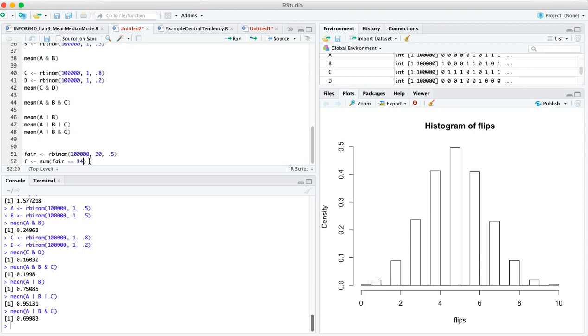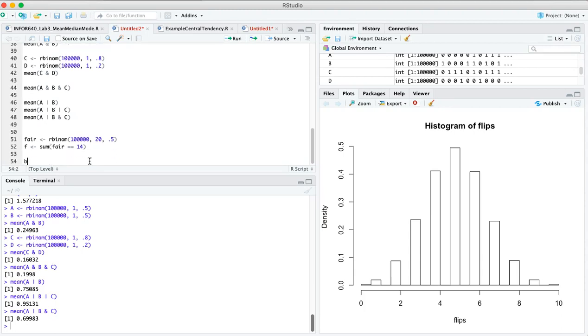All right. So I'm going to go down here. I'm going to say my biased is, and assign that variable to another experiment of our binom, 100,000 events with 20 flippings each of an unfair coin.